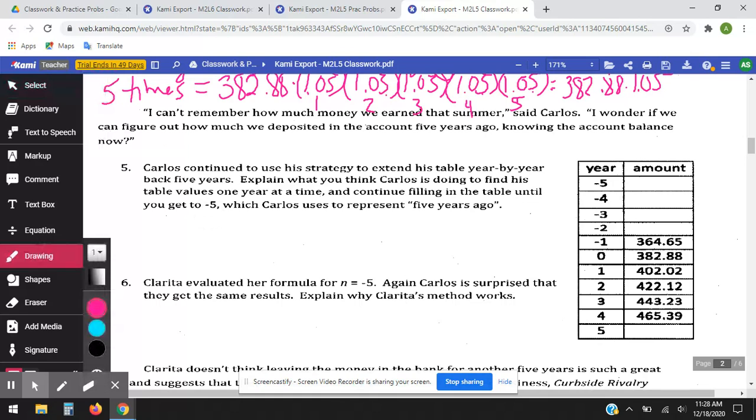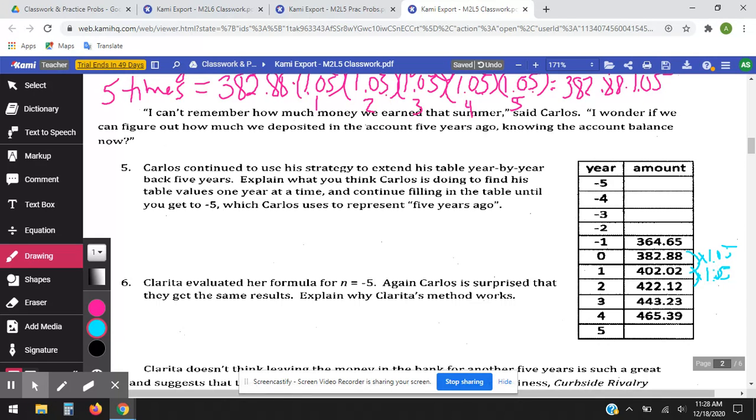Well, let's see what we're doing in the table to do this. To go from 382.88 to 402.02, we multiplied by 1.05. To go from 402.02 to 422.12, we multiplied by 1.05.